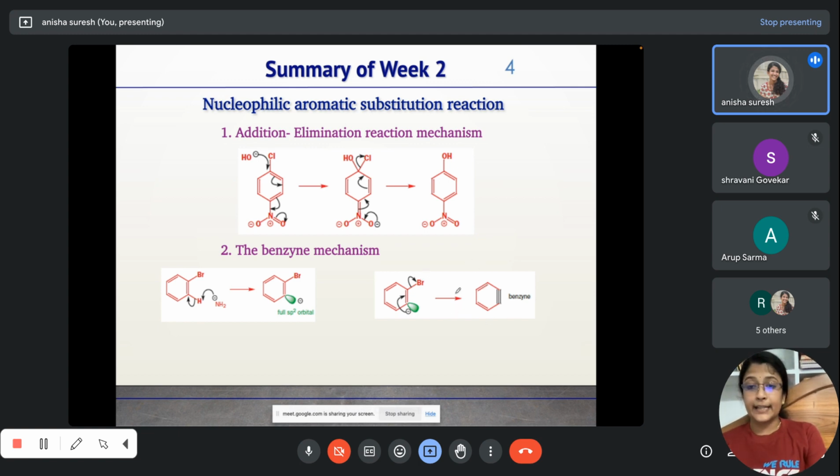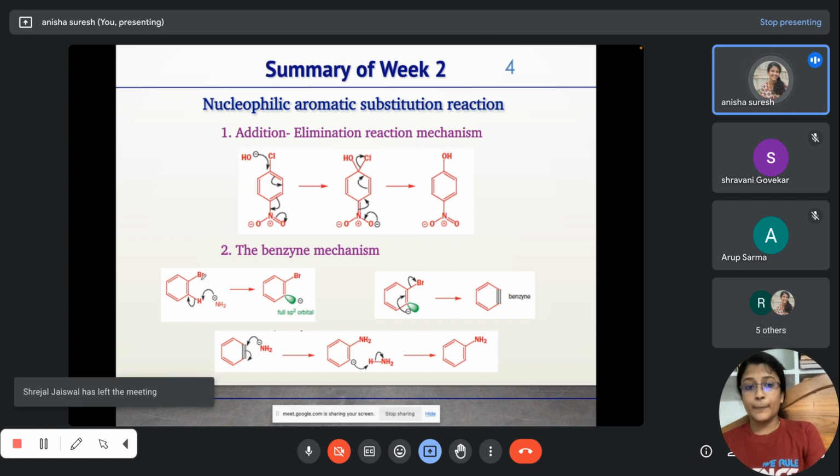Benzyne is highly reactive. So this intermediate can undergo nucleophilic addition of this amine group. After addition of this amine group, a negative charge will be formed at this position. This negative charge can abstract protons from ammonia that will be present in the system, and it will lead to formation of this aniline.